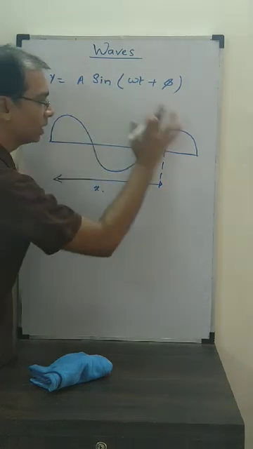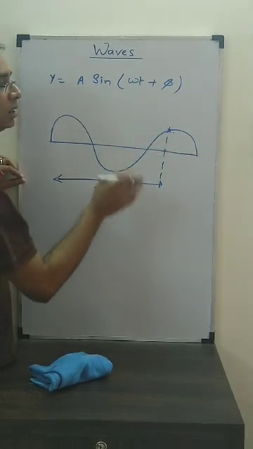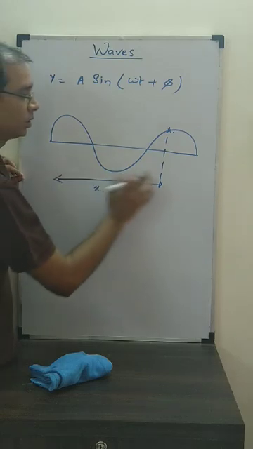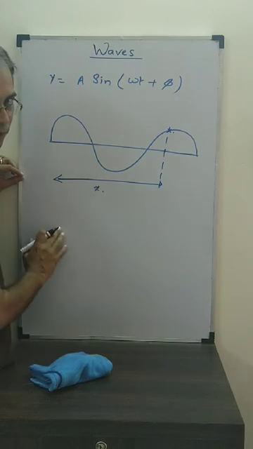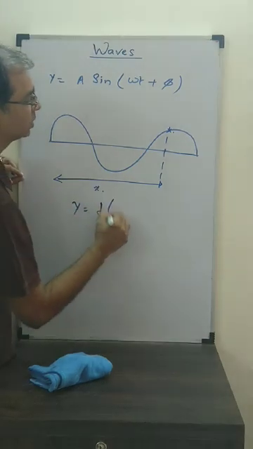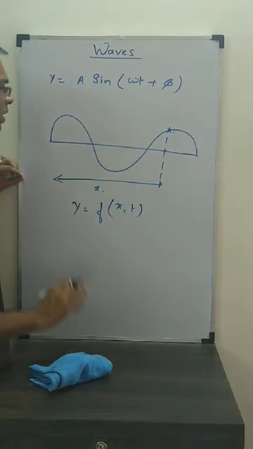So we need to write an equation which says that at this position, this particle is doing this simple harmonic motion. If we can write an equation which relates all the particles doing SHM, that's called the wave equation. So right now we have to write an equation which has two variables, x and t. That's a very simple thing.